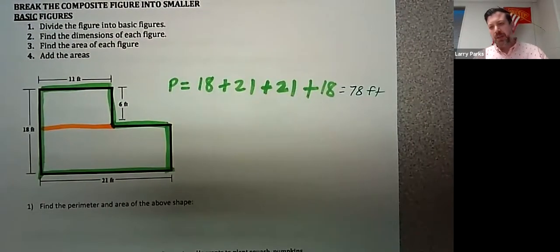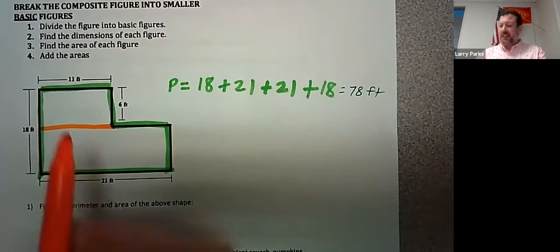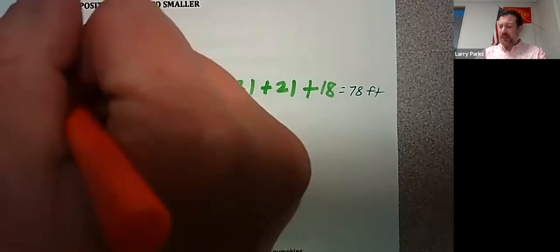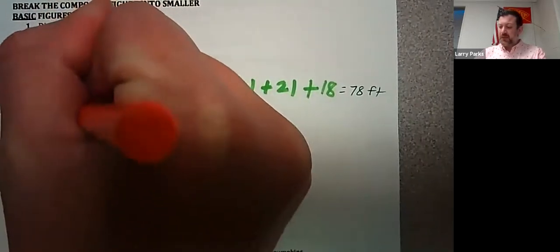So remember, perimeter is the distance around a shape. Area would be the units inside, and you do length times width. So this area right here is easy. It's 11 times 6. So this one's going to be 66 square feet.